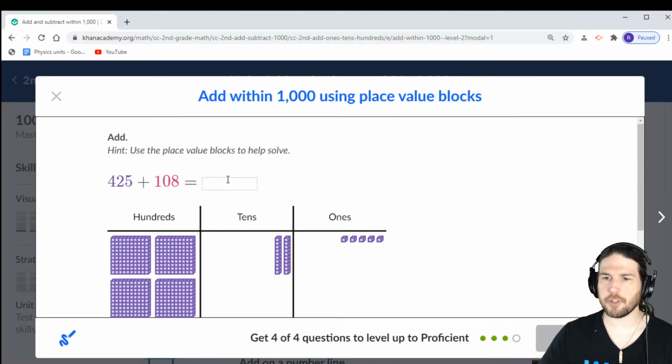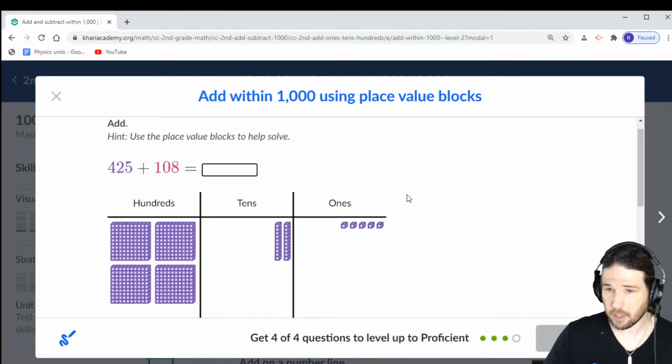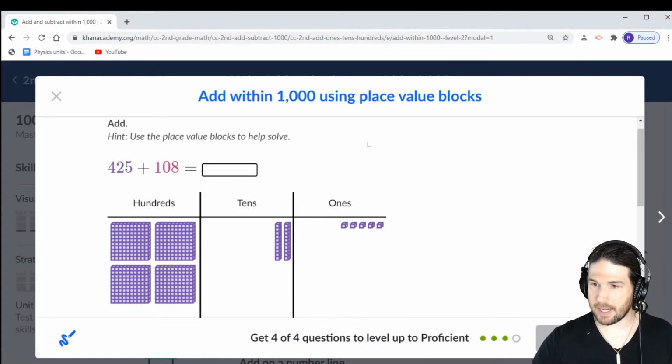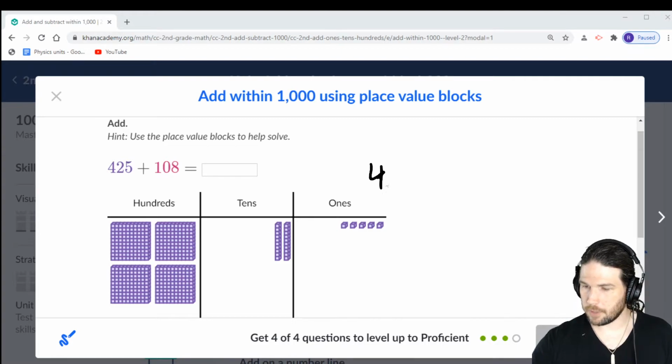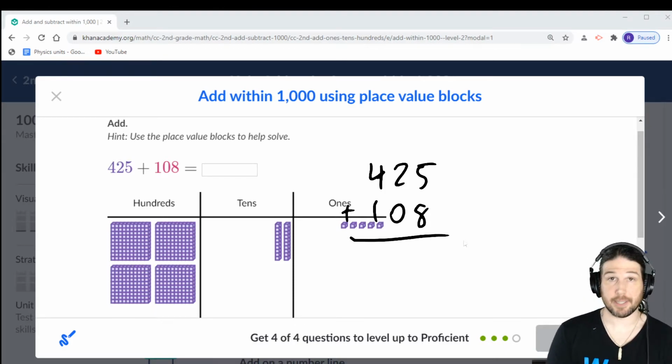We have 425 plus 108. So the way I look at this, once again, is I look at 425 plus 108. This is the way I do it.